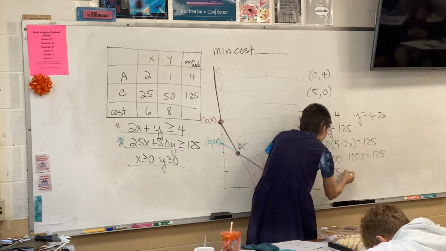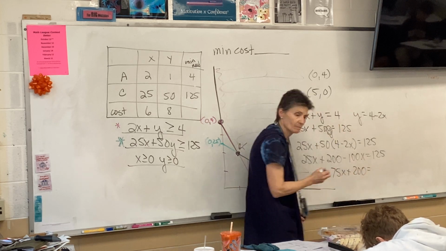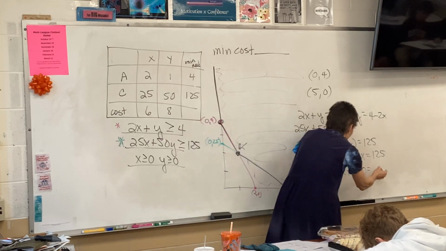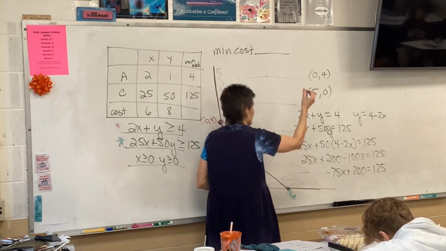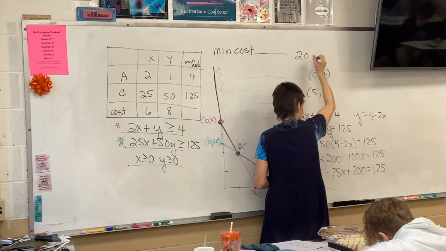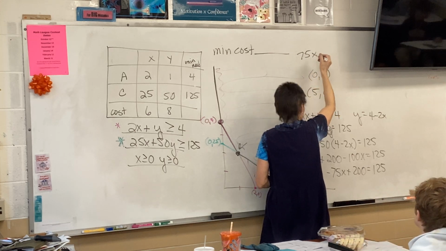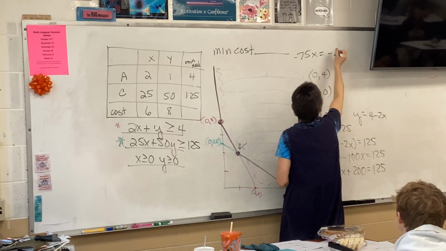Negative 75x plus 200 equals 125. So negative 75x equals negative 75.